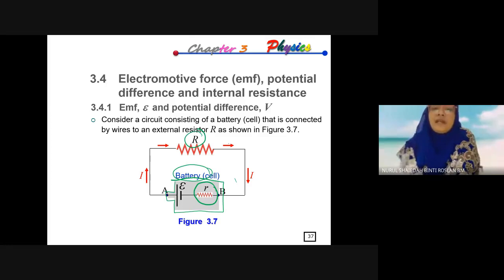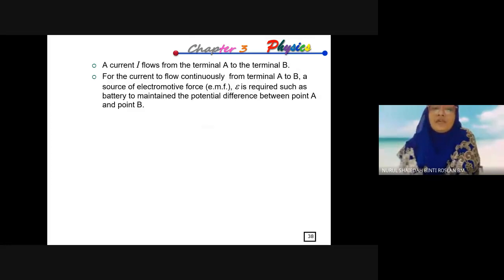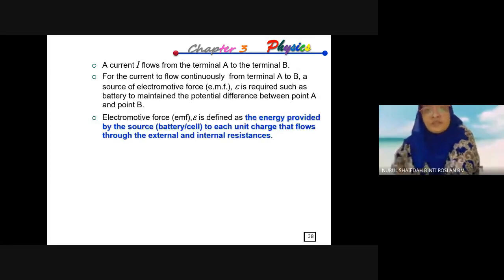So current flow. Okay. Current flow from terminal A to terminal B. So from positive to negative. For the current to flow continuously from A to B, a source of electromotive force is required, such as a battery, to maintain the potential difference between A and B. So EMF, electromotive force ni datang dari mana?